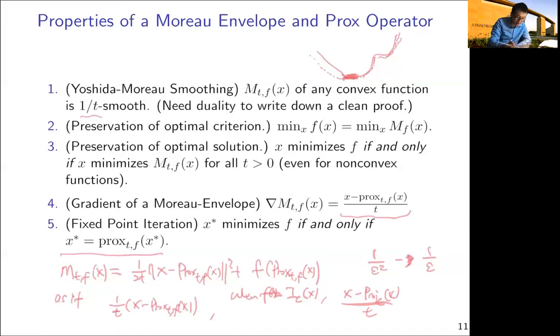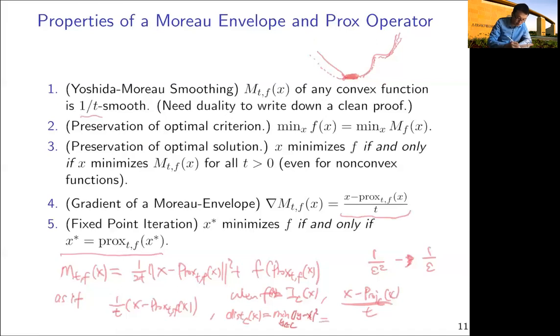Recall that in one of the previous lectures, we talked about the distance to convex set function, and how this function is actually differentiable when x is outside the convex set. Distance to convex set is equal to the minimum of the norm of x minus y such that y is in the convex set.